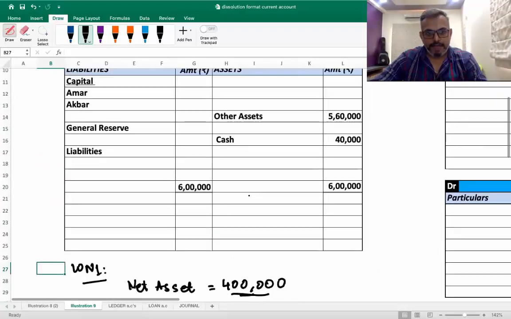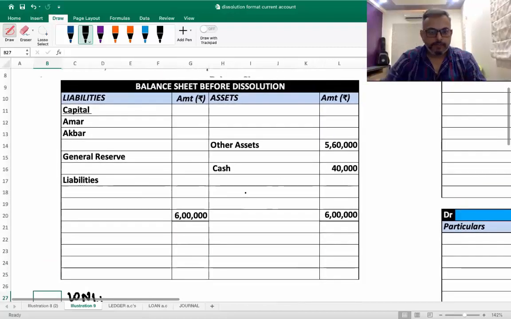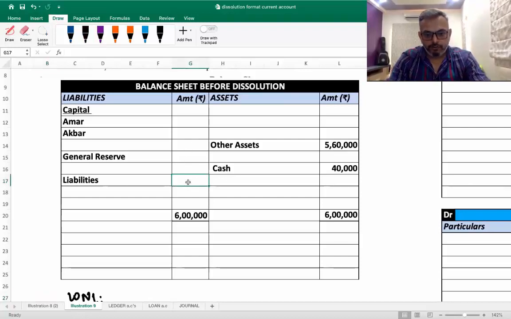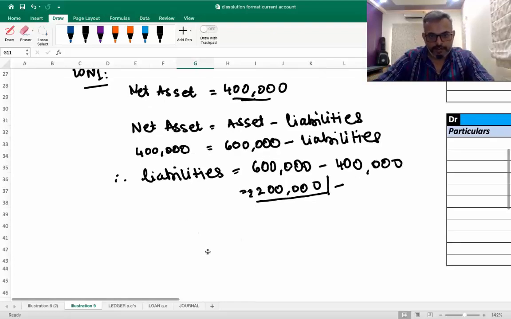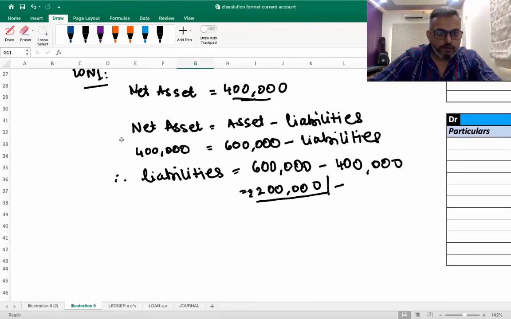We write in the balance sheet liabilities 2 lakh. So now you can say that reserve plus capital will be 6 lakh minus 2 lakh, which is 4 lakh. So here let's do the working. As you know, you have studied the balance sheet equation in your 11th standard.